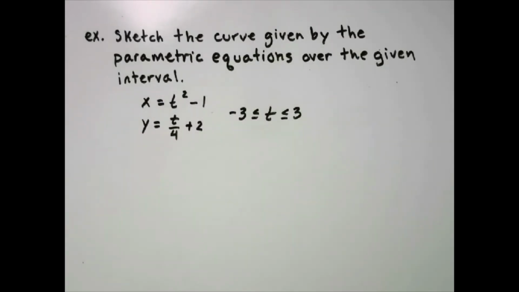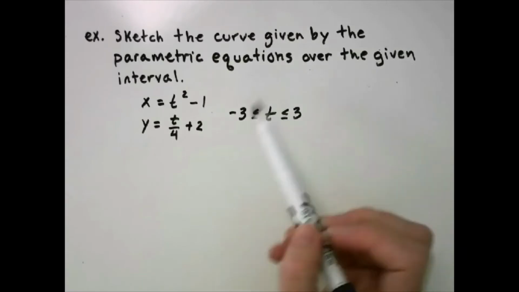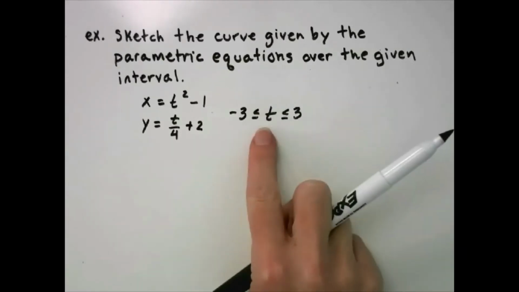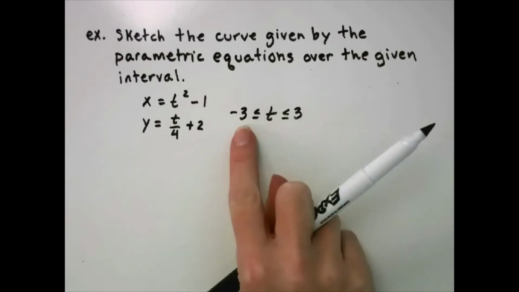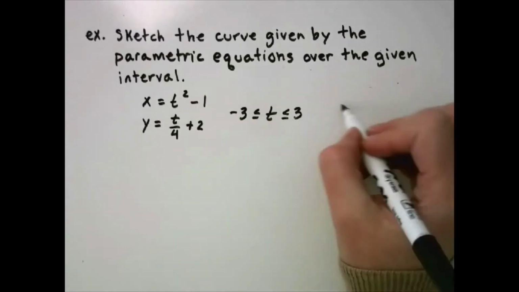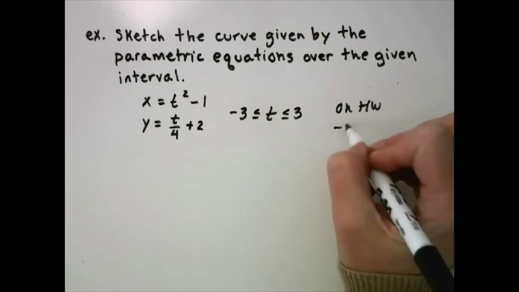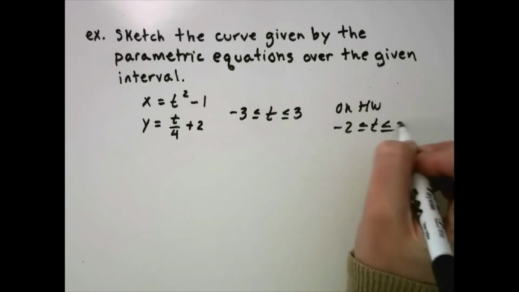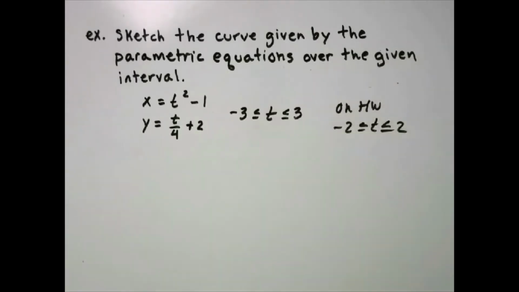So we have x equals t squared minus 1, and y equals 1/4 t plus 2, and our given interval. I'm going to make a note here. For questions like this on your homework, they're going to give you a very big window. Just do -2 to 2. You don't need to do like -7 or whatever they're telling you to do.